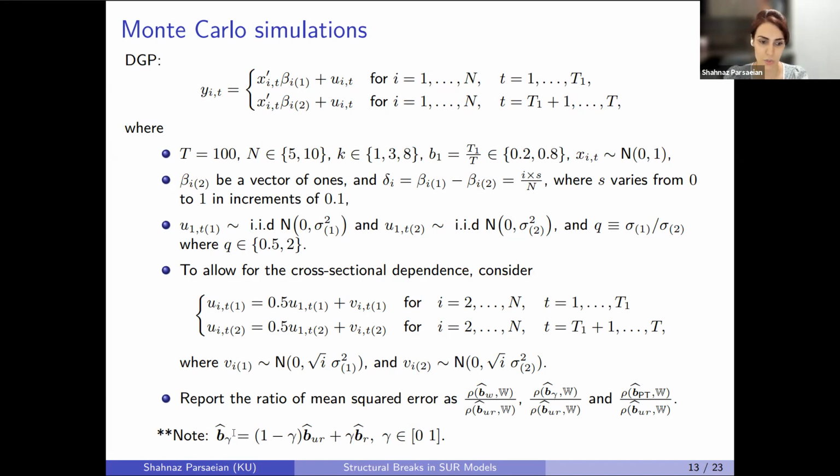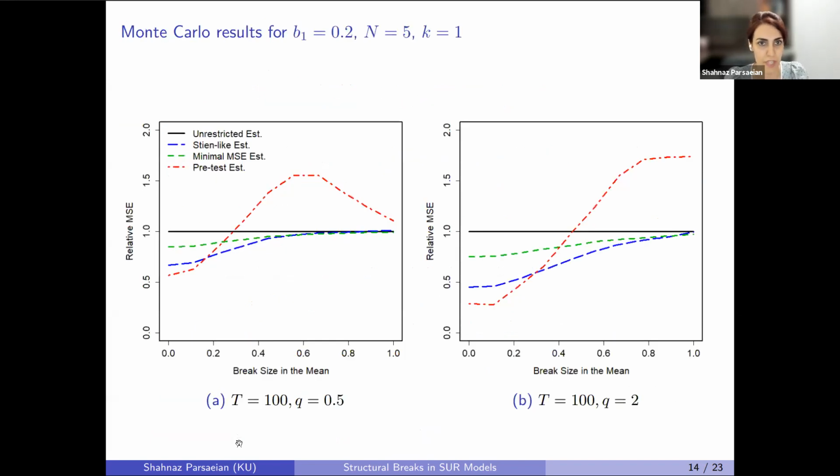And these two estimators, the Stein estimator and the minimal mean square error estimator, always perform better than the unrestricted estimator, if the number of restrictions for a Stein is greater than 2. And I have theoretically proved that the Stein estimator also always outperforms the minimal mean square error estimator in the sense that it has a lower risk.